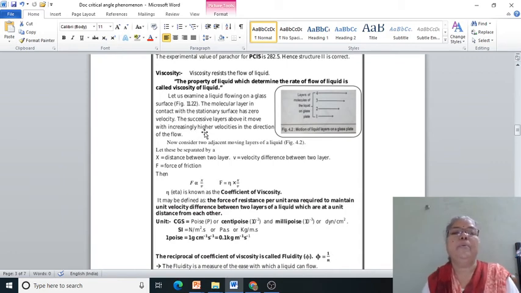And you know, viscosity, this physical property, is related with the flow of liquid, and viscosity resists the flow of liquid. Here the property of a liquid which determines the rate of flow of liquid is called the viscosity of a liquid.